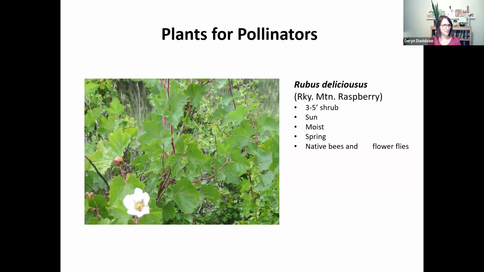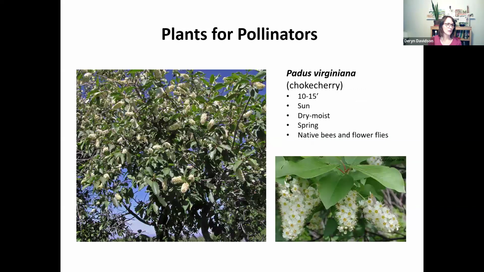I already mentioned Rocky Mountain raspberry, or Boulder raspberry, sometimes it's called. Native bees and flower flies love this one. Flower flies are actually a really important pollinator. So again, thinking beyond just honeybees, we've got over 1,000 species of native bees in Colorado. We've got hundreds of butterflies and moths, and flower flies are important pollinators.